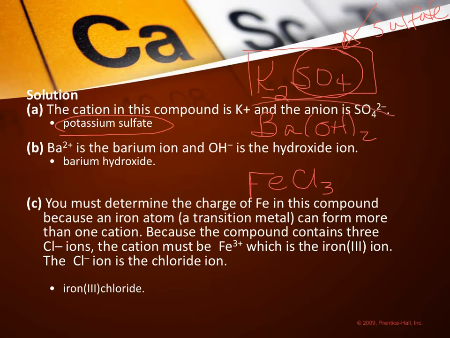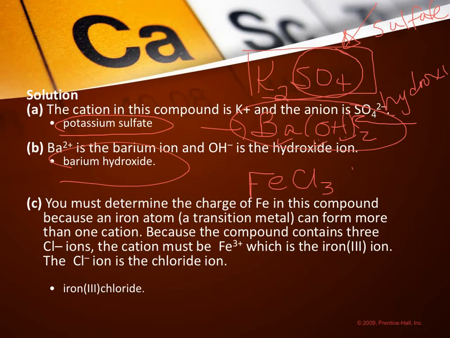The second one also does not have a transition metal, so you don't have to worry about that. But again, it has a polyatomic ion. You can see because you have 3 elements, barium, oxygen, and hydrogen, that tells you there's a polyatomic ion in there. Look up OH, and it has a name of hydroxide. And so the name of this compound is barium hydroxide.